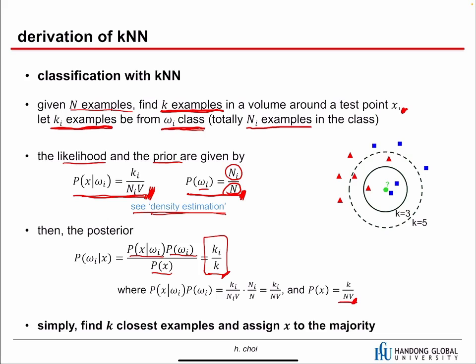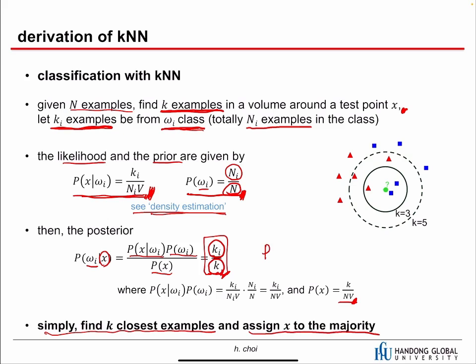Okay, so given this point x, what is the probability of class i? Find the k neighbors and find how many samples are in that class out of k examples. That's what kNN does as a classification. So as I said, simply find the k nearest neighbors and assign x to the majority.